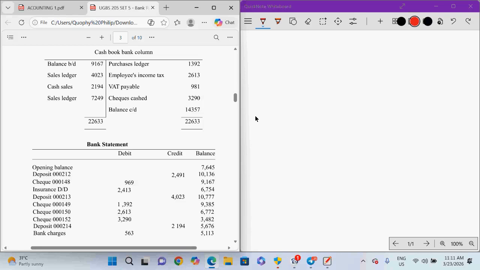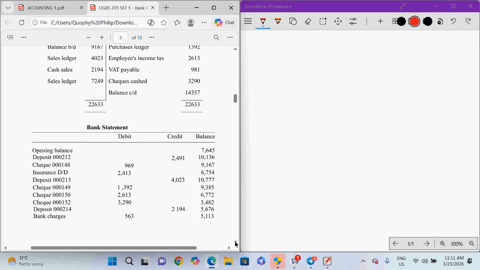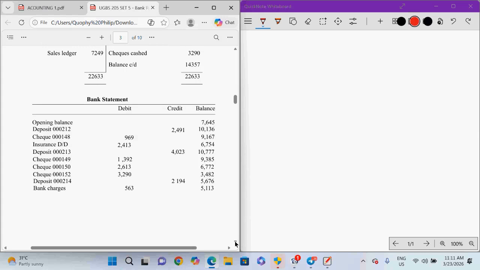At the credit side, we have purchases ledger, employees income tax, VAT payable, check cash, balance carried down. We go to the bank statement, we have opening balance, deposit, cash, insurance, deposit, cash, deposit, bank charges.